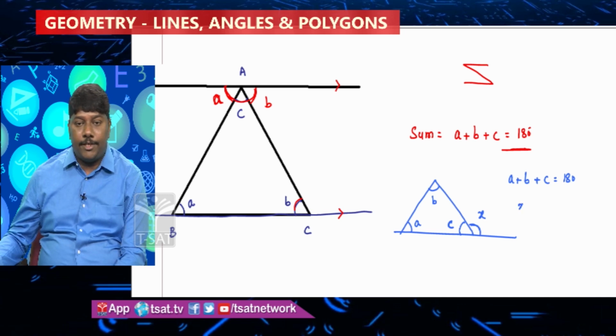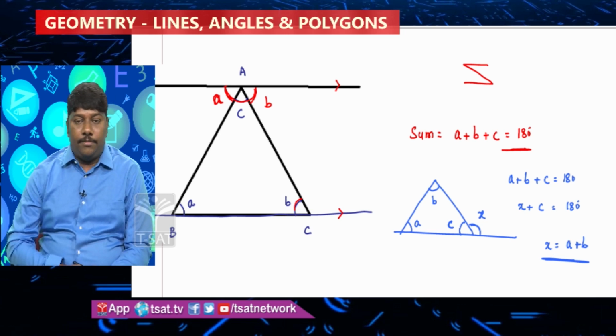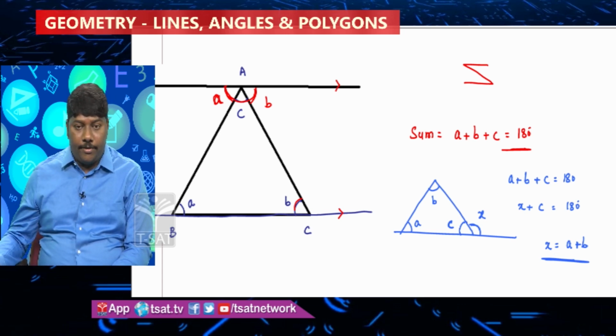Now we also say x plus C is also what? 180. So what should come in place of x? A plus B. That is the reason we say the external angle of a triangle is the sum of two opposite interior angles of the triangle.